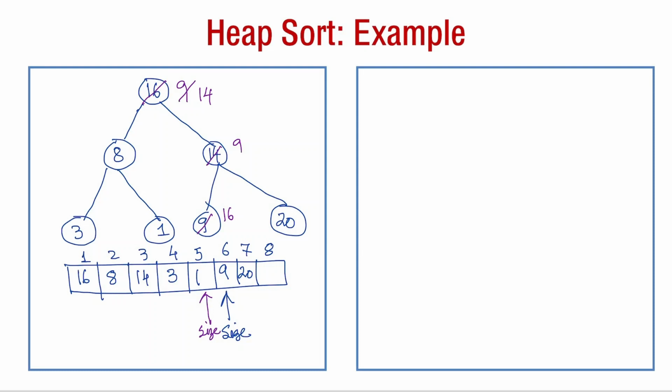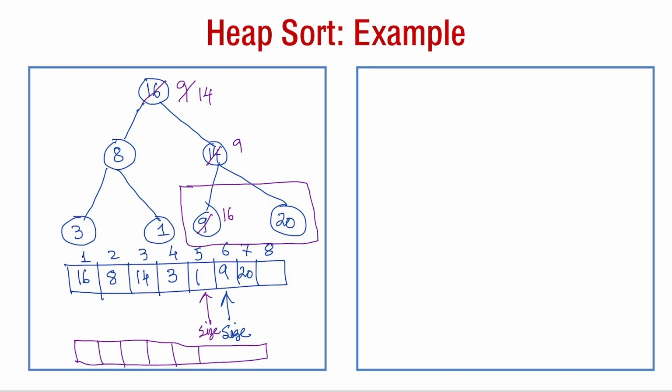1, 2, 3, 4, 5 elements. So this part is outside the boundary of the heap. As soon as that happens, the heap structure will now become this: 14, this is 8, this is 9, this is 3, this is 1, this is 16, this is 20, and the size is here.